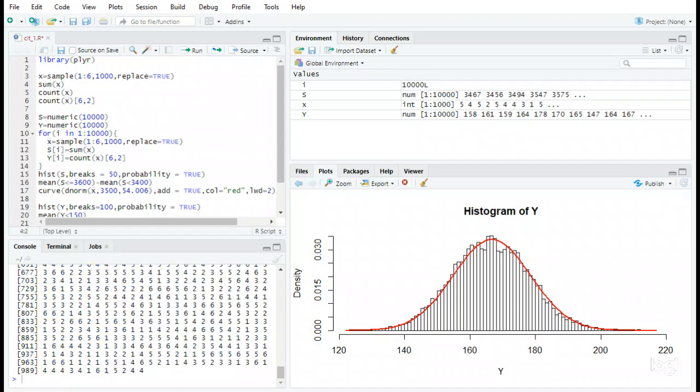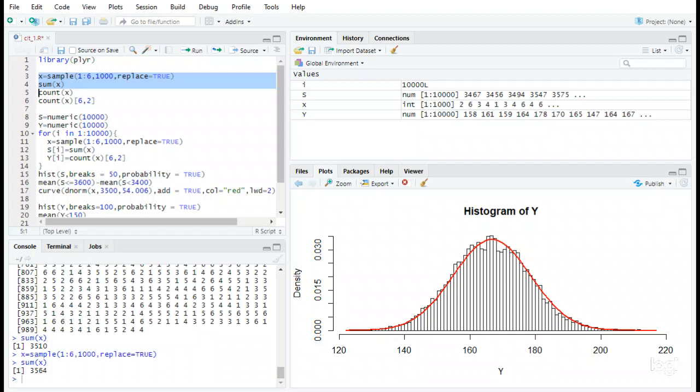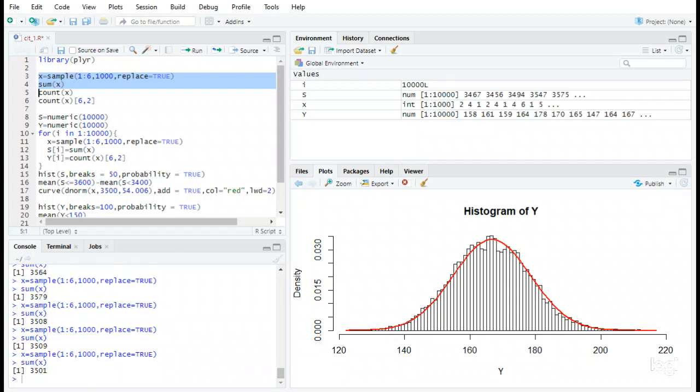I could take the sum of that, right? And notice this time I got 3,510, 3,564, 3,500. Wow, it's always above 3,500. There's 3,430. I'm getting a lot of numbers sort of in the range I would have expected.